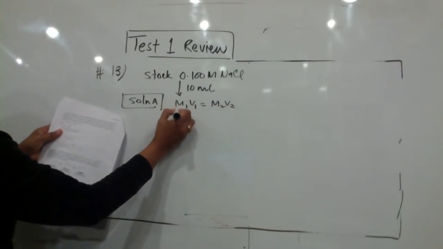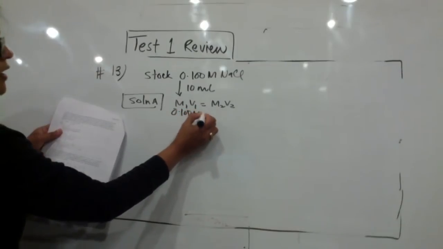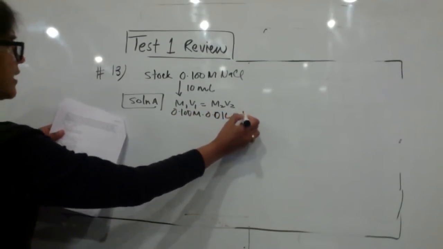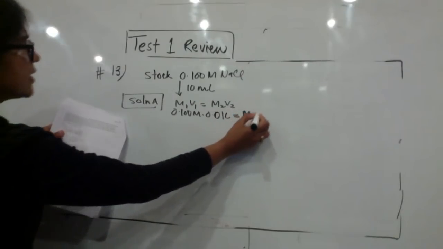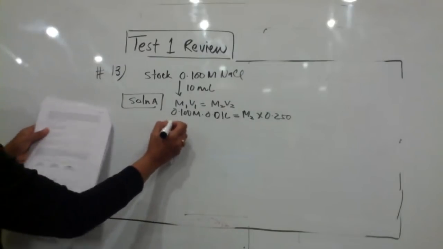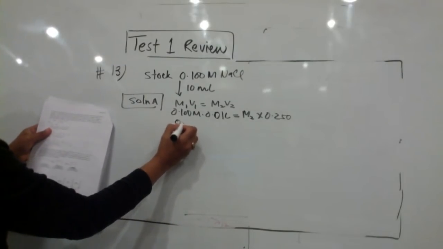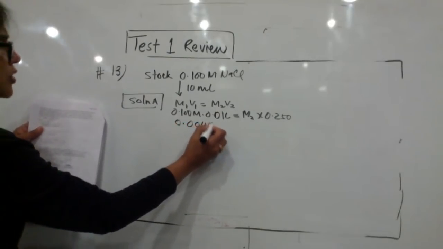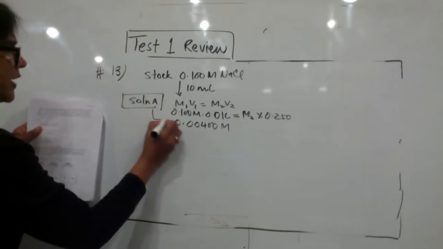We took 0.100 molarity solution and we took 0.010 liters of it. And we don't know the molarity. And we made 250 mL or 0.250 liters. That gives you the molarity as 0.00400 molar for solution A.